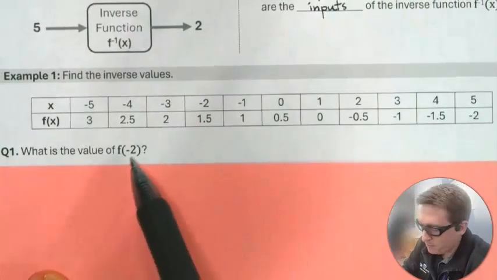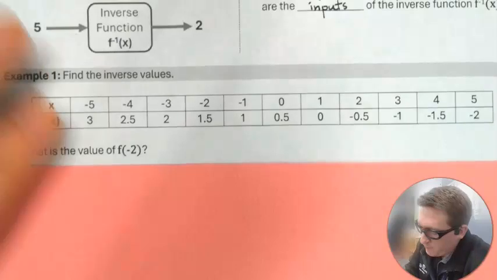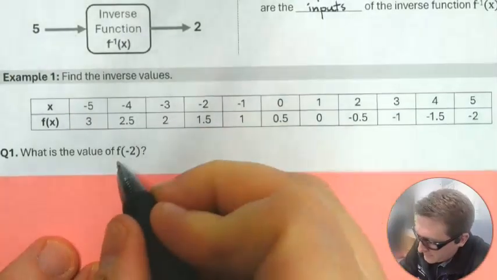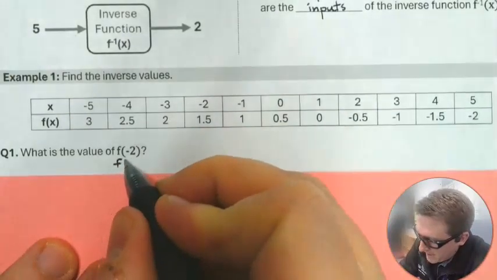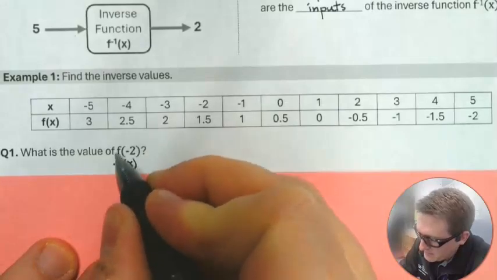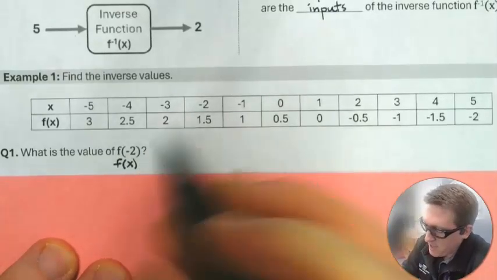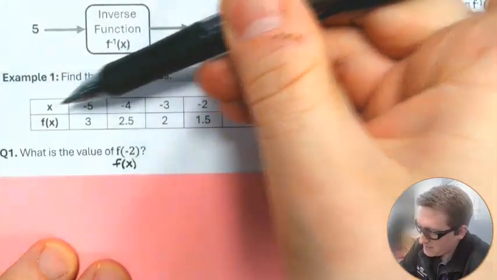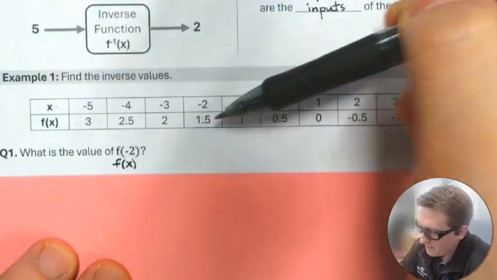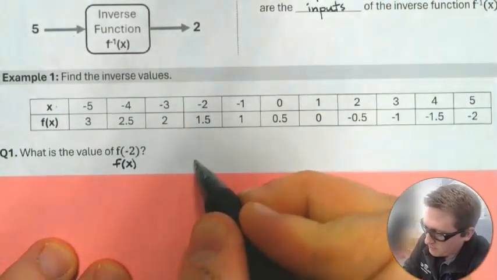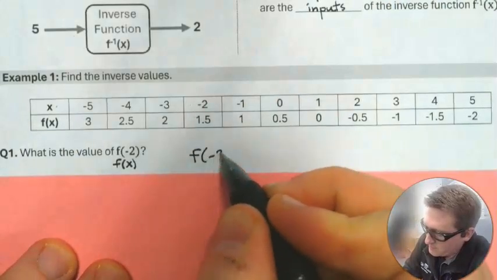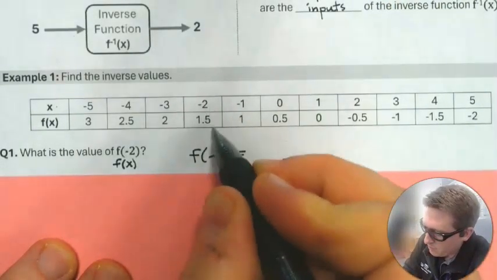This is just a simple lookup. So if you get confused of like, what am I looking at here? You got to remember that this is f of x. So when they say f of -2, it means I go to x equaling -2, and I figure out what the function is equal to.